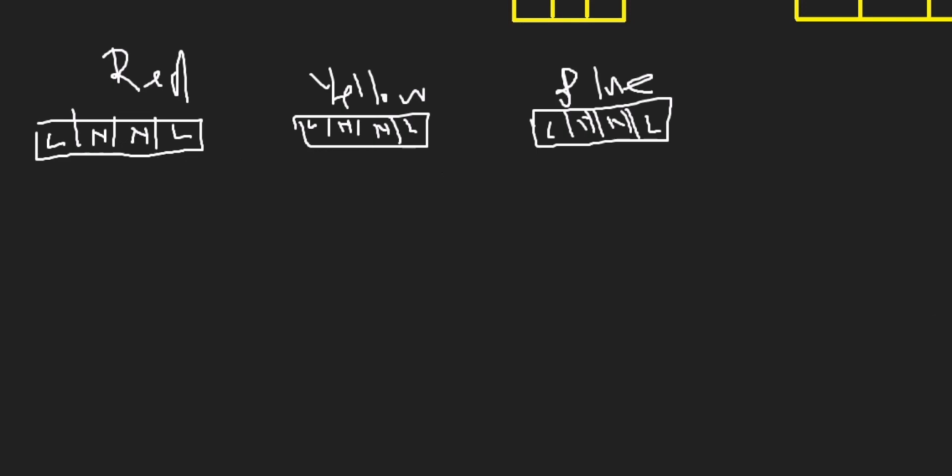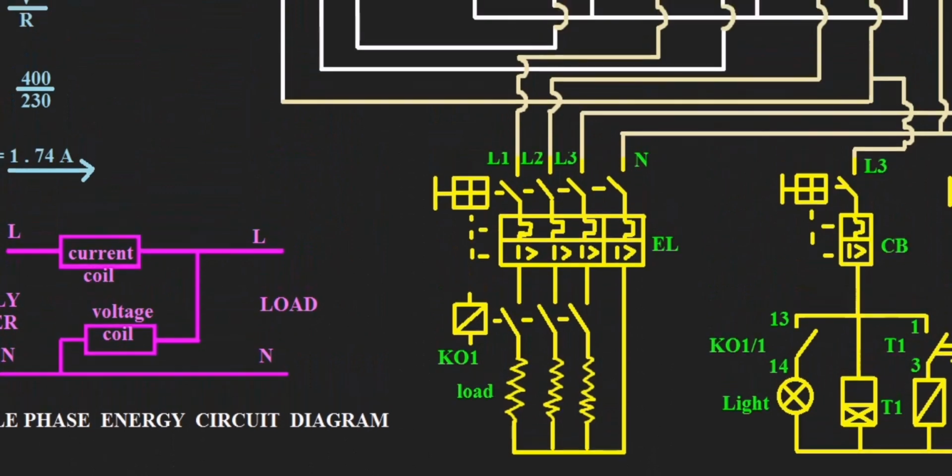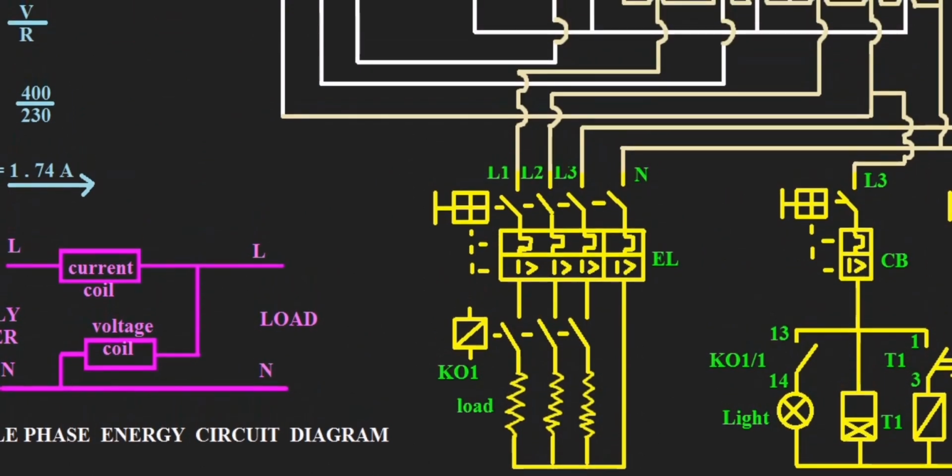So the connection of the energy meter is this one. As you can see from here, after connecting, you have to calculate the current. So this is a current coil, voltage coil, load side and the supply side.